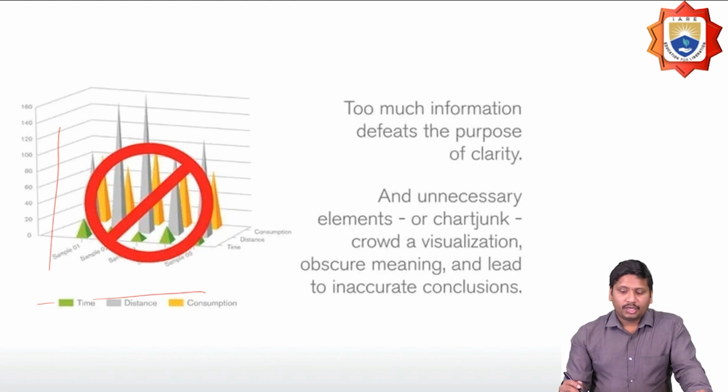Okay, so these are the things we have to remember. While visualizing the data, unnecessary elements such as junk and crowded visualization obscure meaning, and all these may lead to inaccurate conclusions from the data visualization as well.